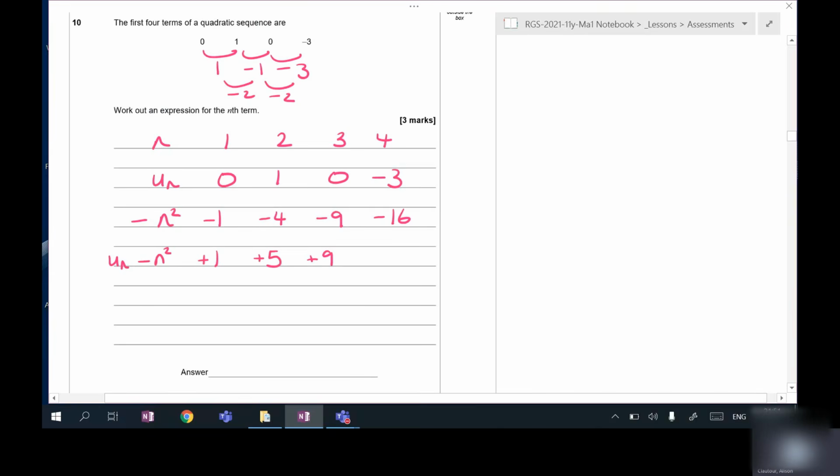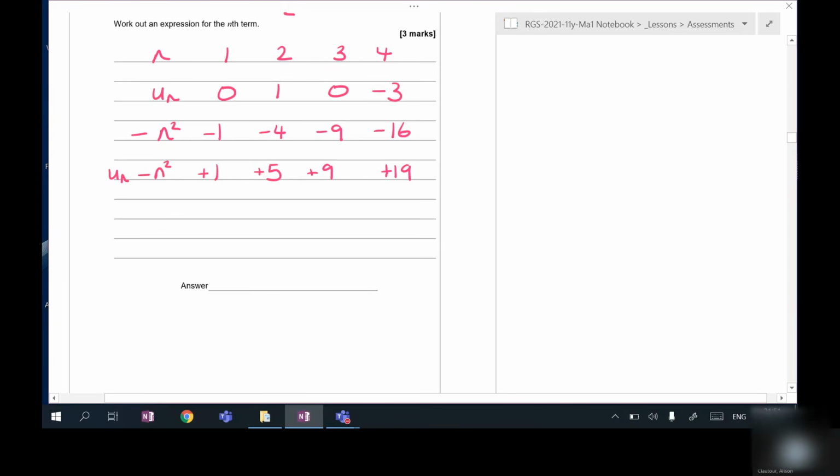And at minus 16, I need to add 19. Something's going on there, isn't it?